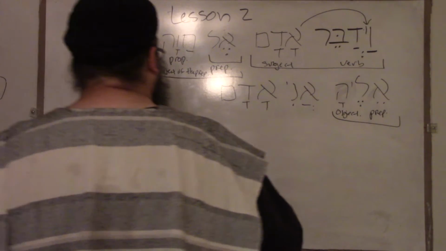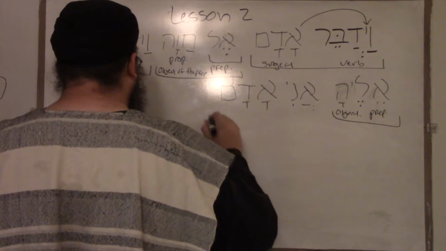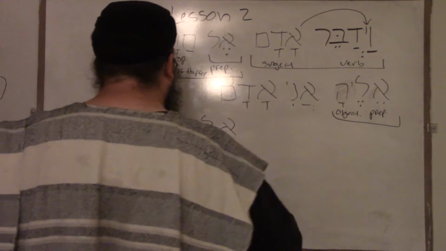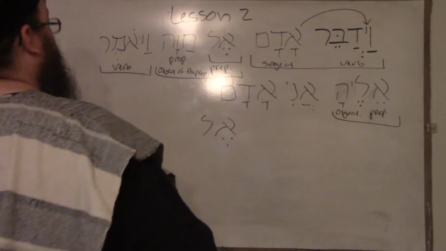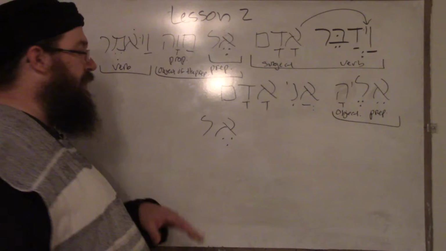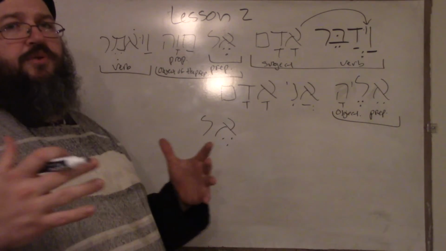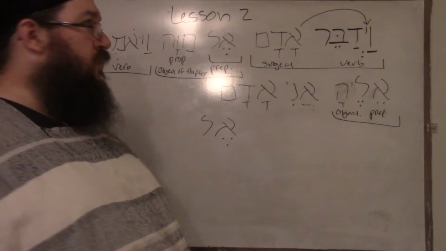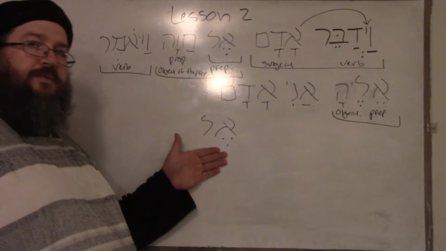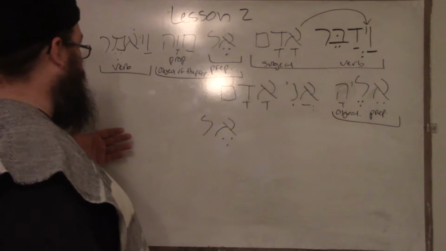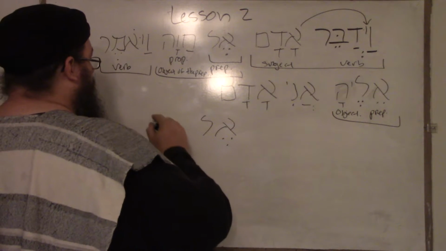So if we take the word el, alright, el is the preposition form without anything attached to it. There are two types of prepositional forms. One we talked about, which is inseparable, and one which is separable, alright?